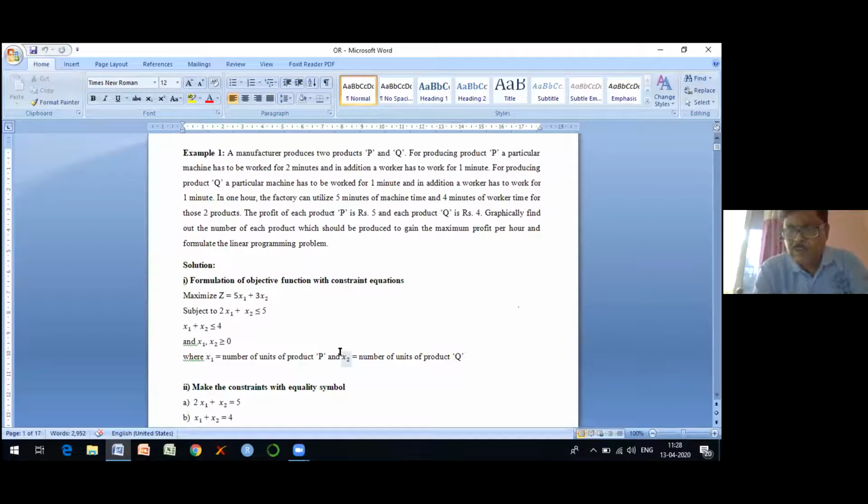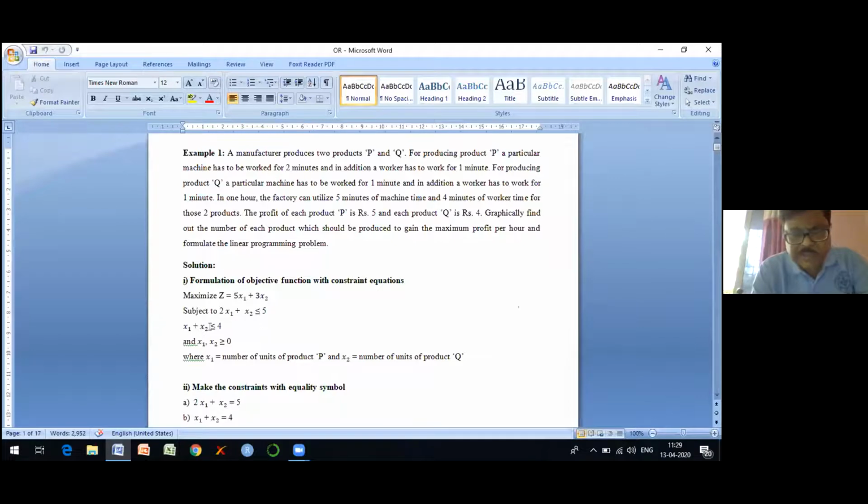So for solving the linear programming problem under the graphical method, the inequality should be converted into equality. So if we make it equal, then we can write 2x1 plus x2 equal to 5. We are not considering the inequality sign. If we consider the inequality sign, then we cannot solve the linear programming problem under the graphical method.